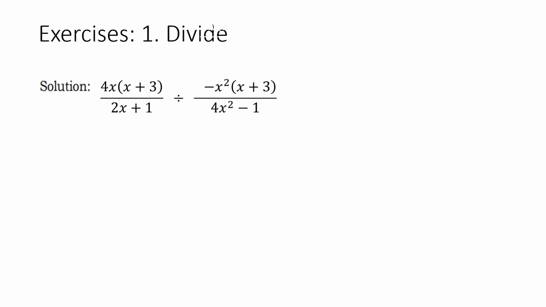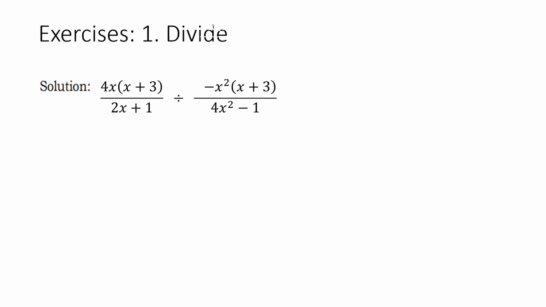Kindly get the quotient of 4x times x plus 3 all over 2x plus 1 and negative x squared times x plus 3 all over 4x squared minus 1. You can pause the video for a while as you solve for the answer.